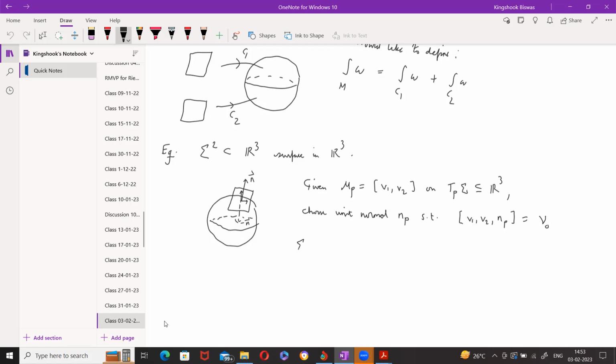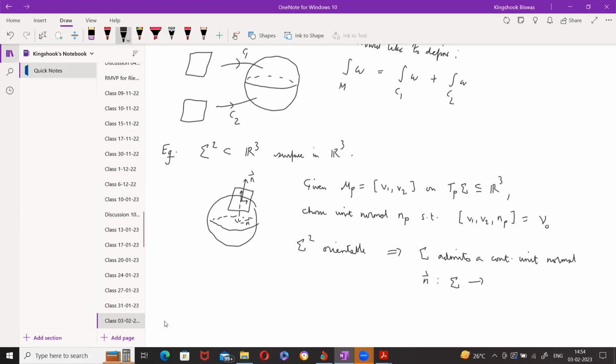So sigma orientable will imply that sigma admits a continuous unit normal vector field, N. This will be a map from sigma to R3.